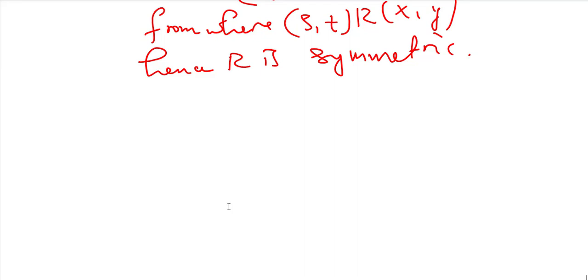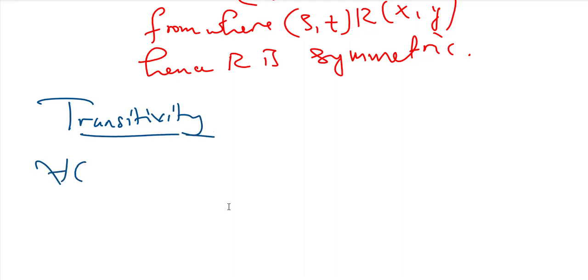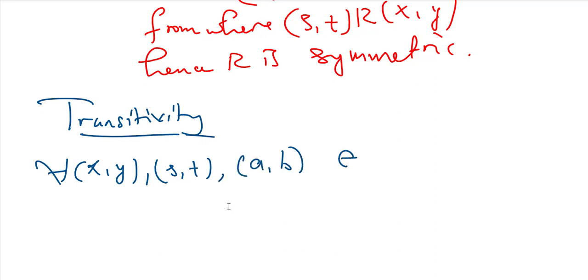Now let's go to transitivity. So we are going to take couples (x, y), (s, t), and I will take another point (a, b), which belongs to my set.